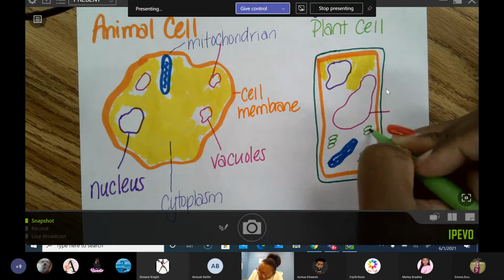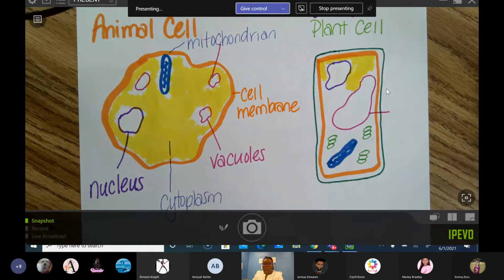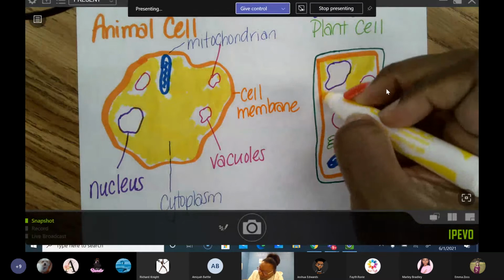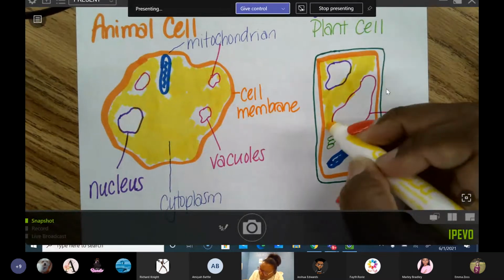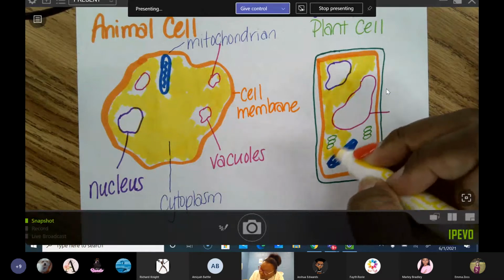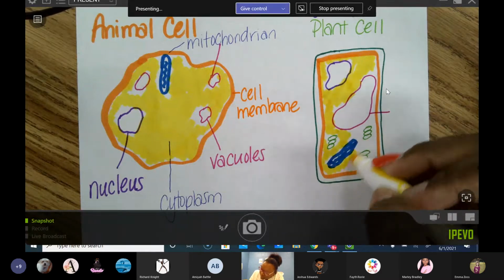And we won't find those in the animal cell. Remember, because the job of the chloroplast is to absorb sunlight. Okay, so we're going to color around this as best we can. Perhaps you can do a better job of it than Ms. Neville's doing.